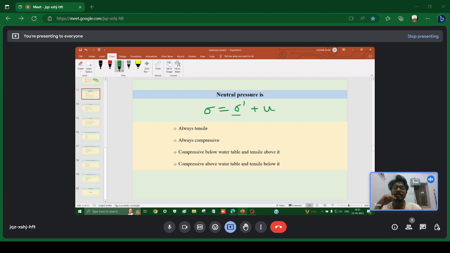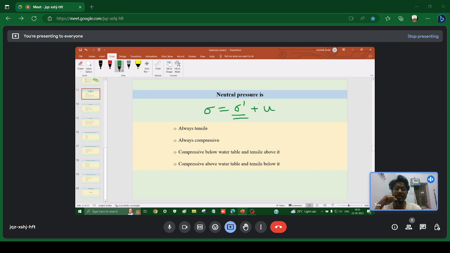This effective pressure is defined as the grain to grain transfer of load throughout the soil mass. It does not consider the effect of pore pressure. When there is capillary action in the soil, the pore pressure becomes negative.